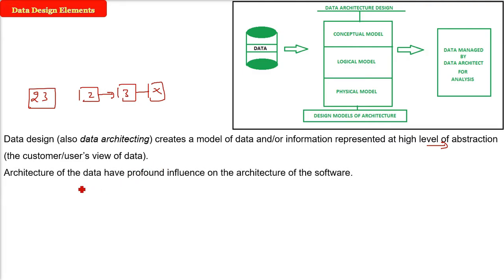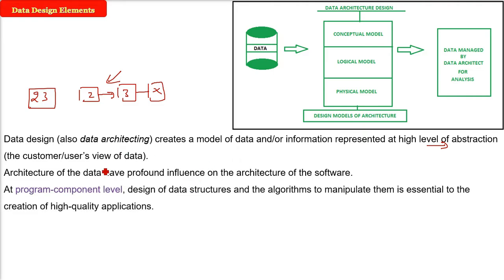The architecture of the data is the key, because the actual architecture of the software is totally dependent on how you make the architecture of the data. Data is the numbers, data is the values, data is the information, data is the input, data is the output. So at the program component level, there is the design of data structures and the algorithms, for example, you're using a stack or a linked list or a structure, or the functions of the program to manipulate them.